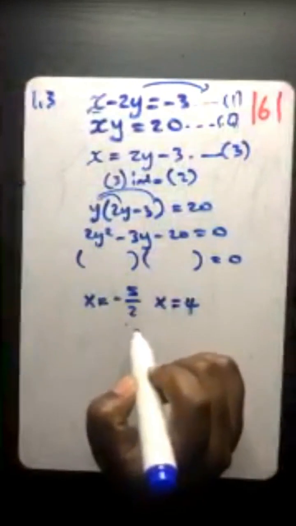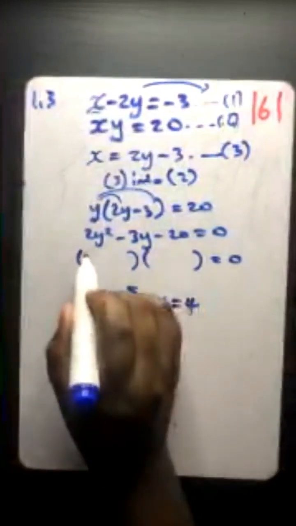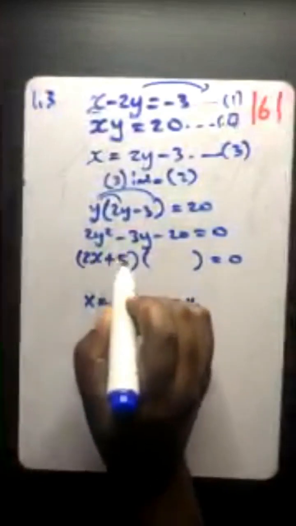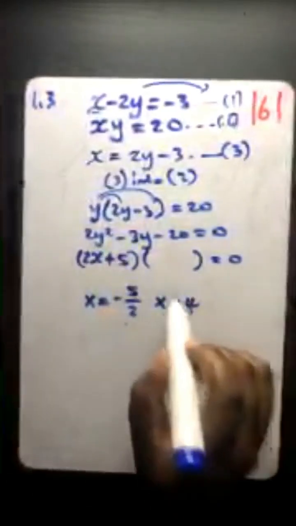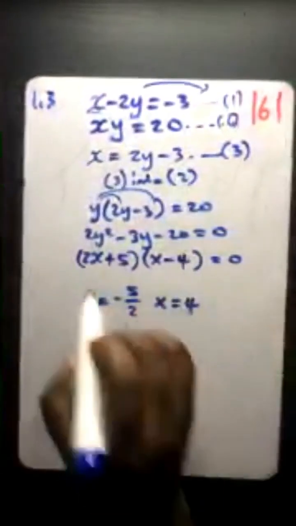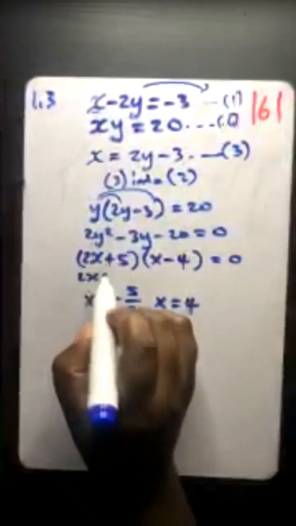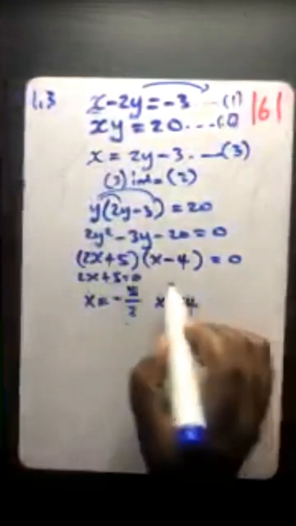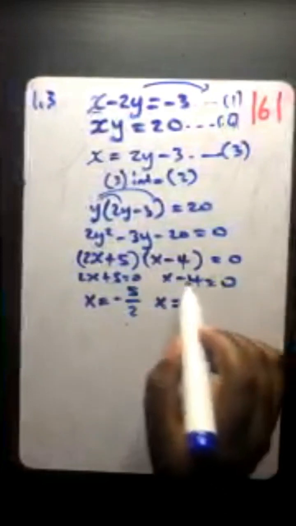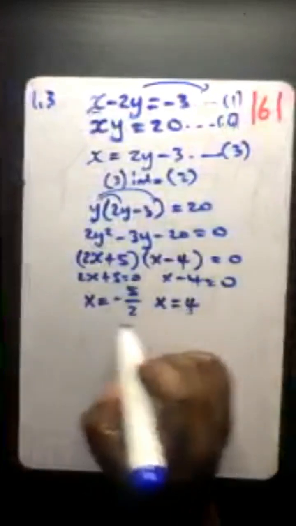So that means this thing here inside the brackets is actually a 2y with an opposite sign, which is a plus. And then this one is actually y with an opposite sign. Or otherwise, you can still show that here, that being equated to 0, and then also that being equated to 0, obviously takes you to those answers.